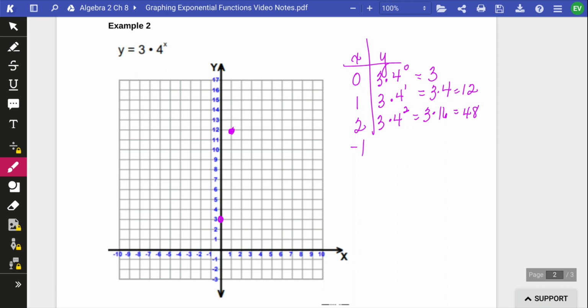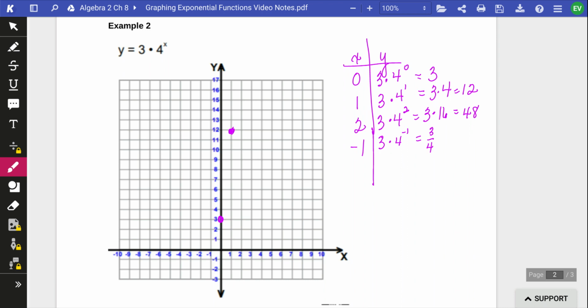So let's do -1. 3 times 4 to the negative first power. Remember that a negative power is going to invert our number. So instead of 4 over 1, it's going to give us 1 over 4. So 3/4.